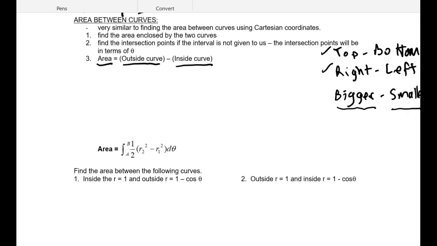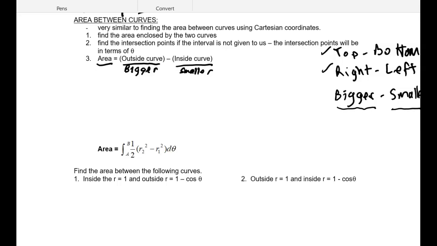So it's the same in the sense that we always want to be doing whatever the bigger value on the curve is minus whatever the smaller curve is. But in polar, whichever curve is on the outside, farthest away from the origin, that's your bigger curve. And then the inside curve is obviously going to be your smaller curve. So in some ways, it's going to be similar.